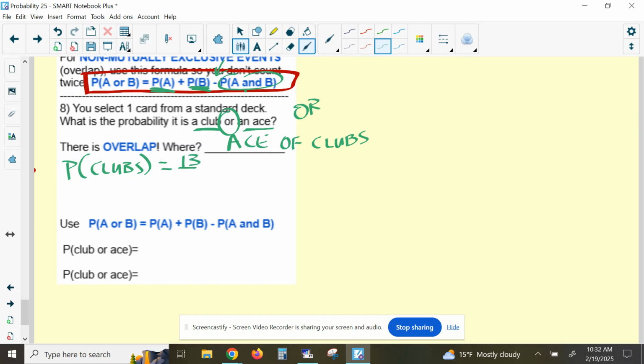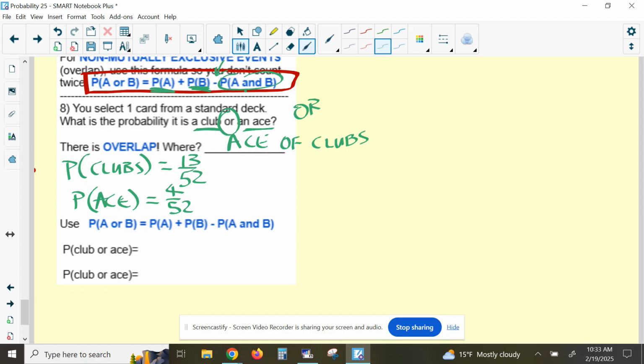Because there is ace, 2, 3, 4, 5, 6, 7, 8, 9, 10, jack, queen, king. That's 13 out of 52. Okay, what's the probability of ace? Is just 4 out of 52, right? There are 4 aces. Ace of hearts, ace of clubs, ace of spades, and ace of diamonds.